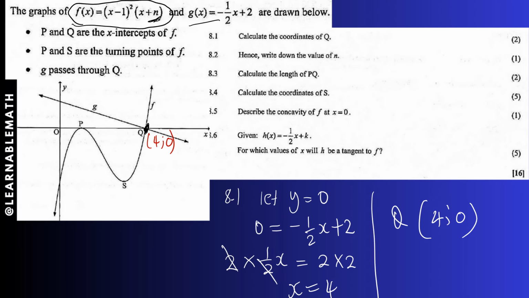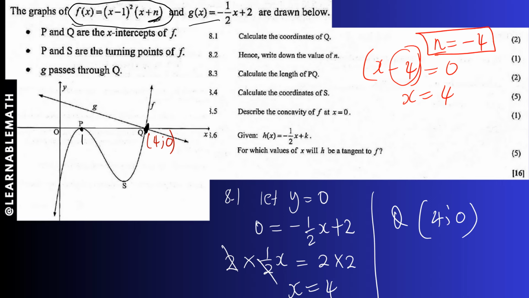If I need the x-intercept, we let y be 0, so one x-intercept will be x = 1, which is at P. Then obviously the other one has to be 4. It means that we'll have another factor, x - 4, so that when you equate it to 0, you get x = 4. Then we can deduce that n will be equal to -4.